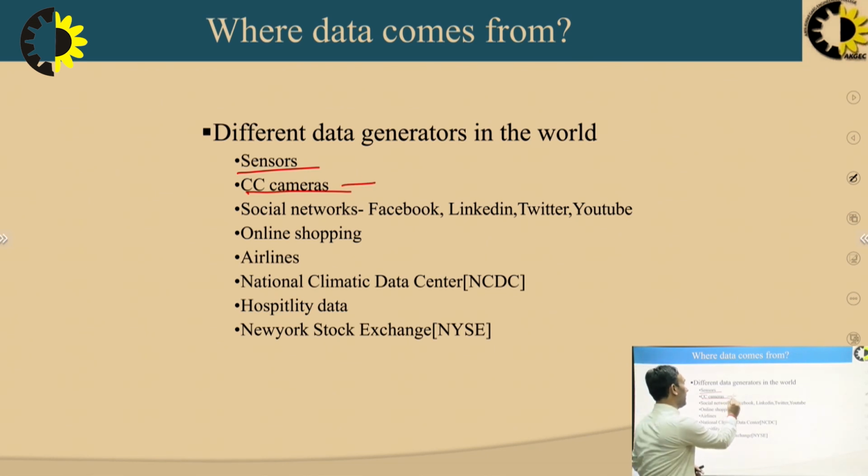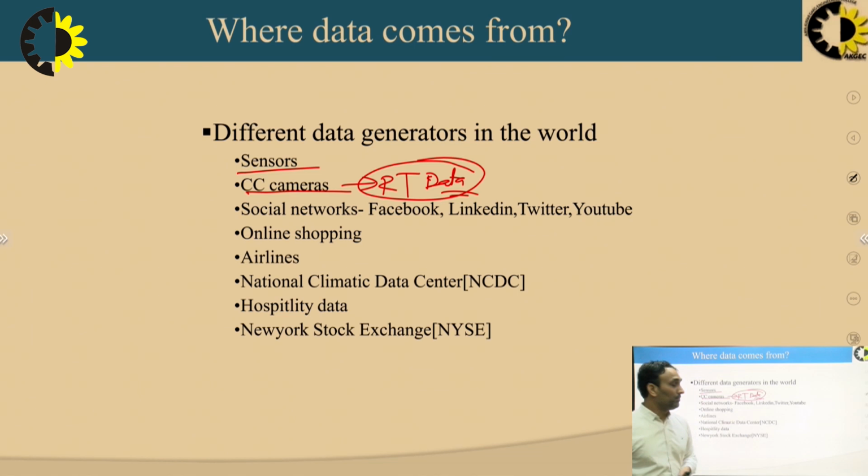These are real-time data. So if we talk about the security concern, it must be analyzed within a time bound. If we see any malfunctioning, or any activity that is not allowed within the premises, that will be analyzed within a real-time system.